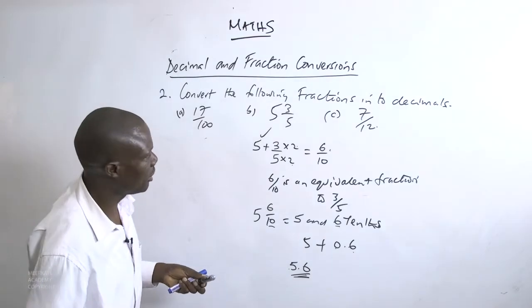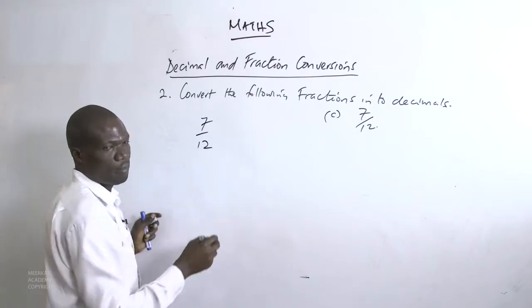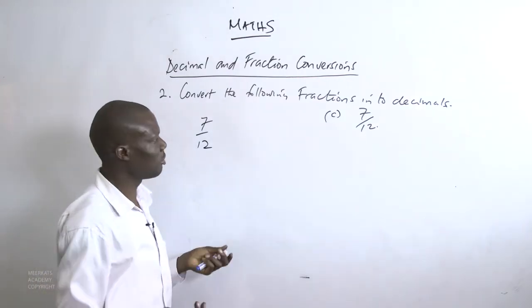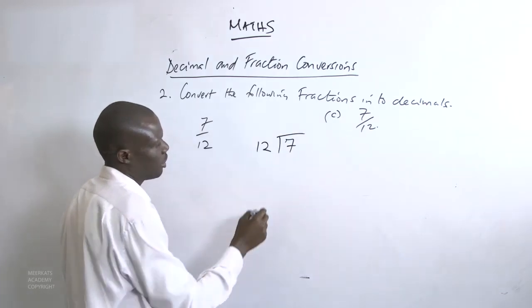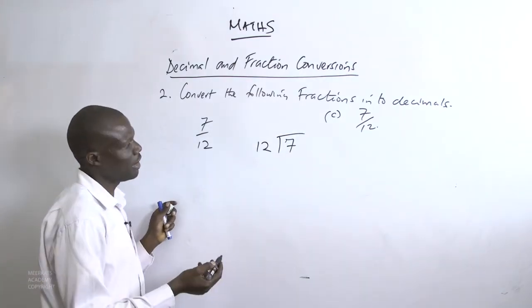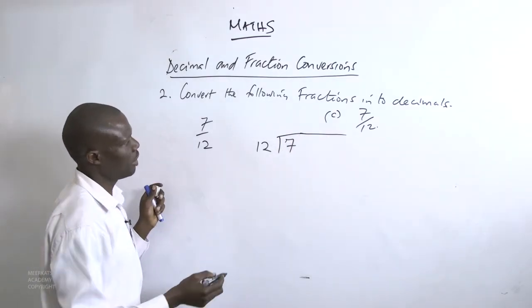For the last one, 7 over 12. Now, this one requires us to use the normal long division method. It is the same as 7 divided by 12. When you divide this, you can use your calculator or whichever gadget that you have.